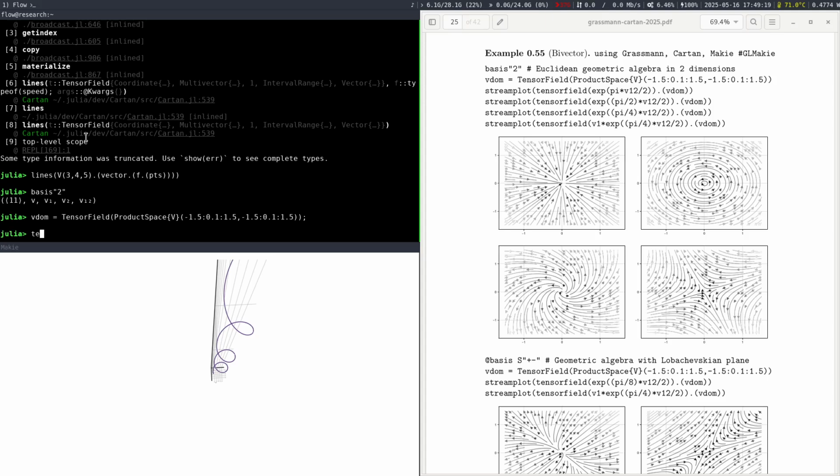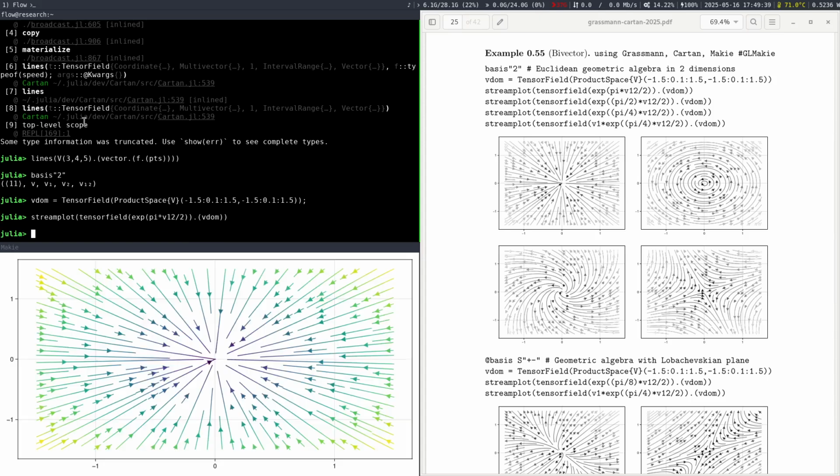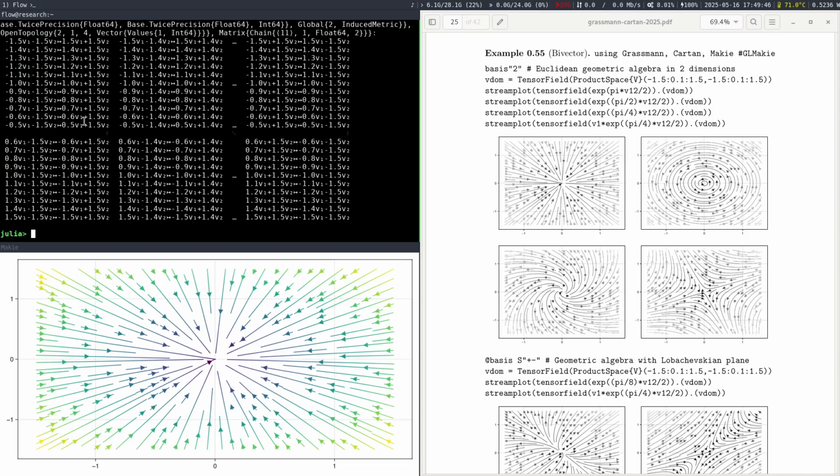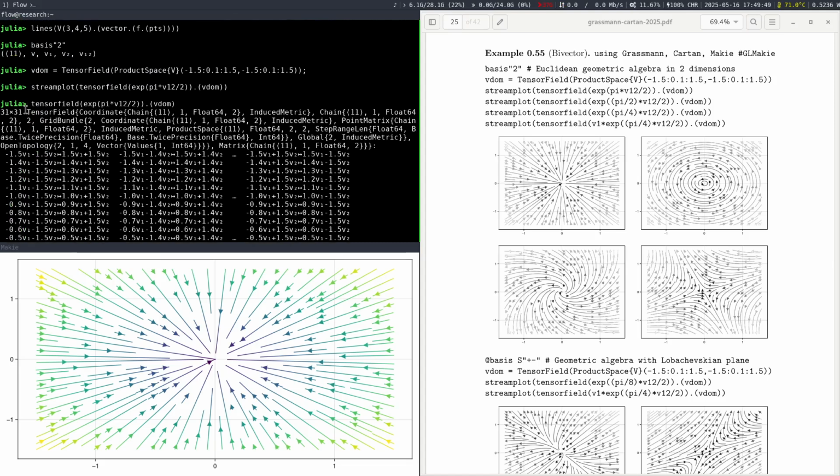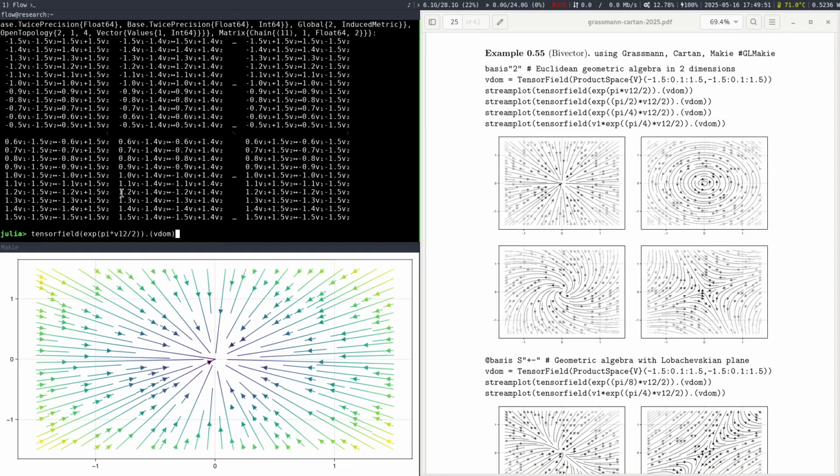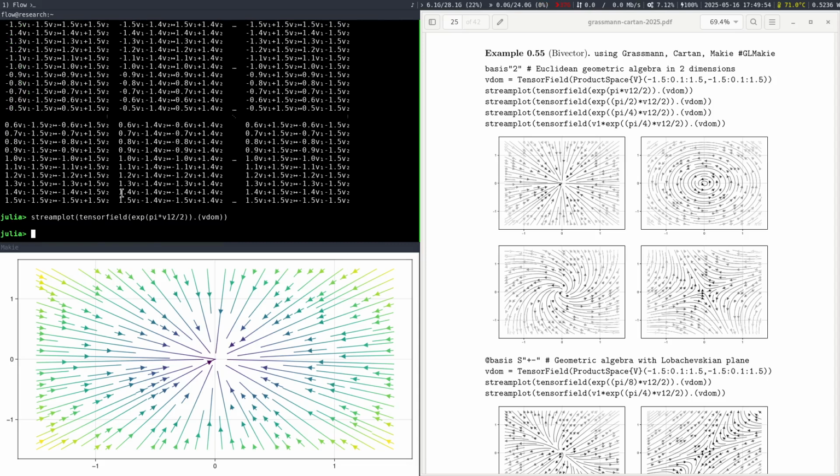And we can do something like this. Tensor. Apply it to the domain. So what this is doing is producing a tensor field. Okay. This is a tensor field. And then we just take the stream plot of it, okay?